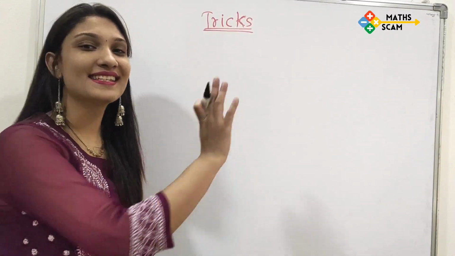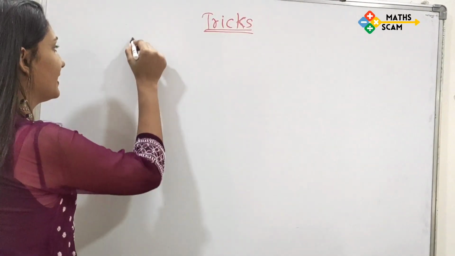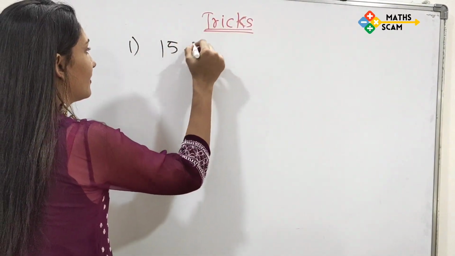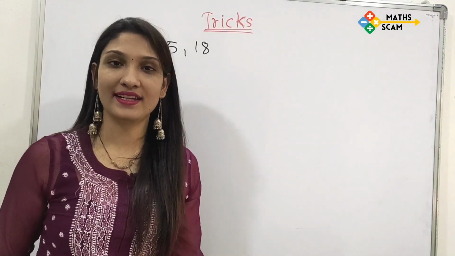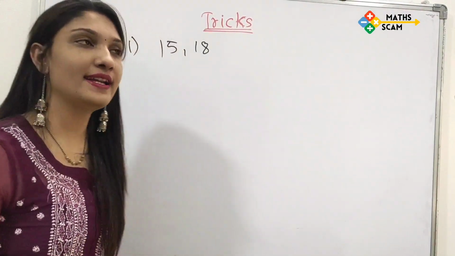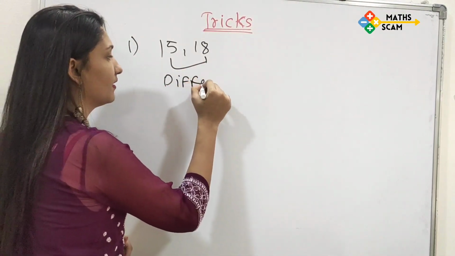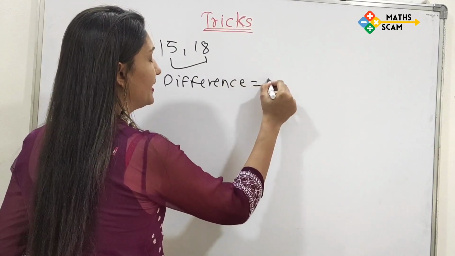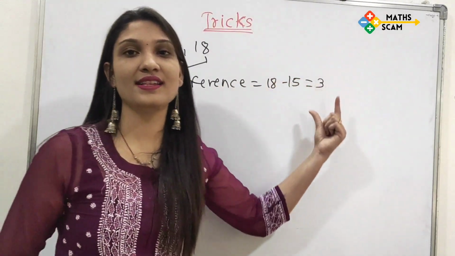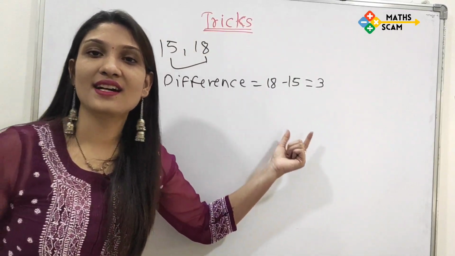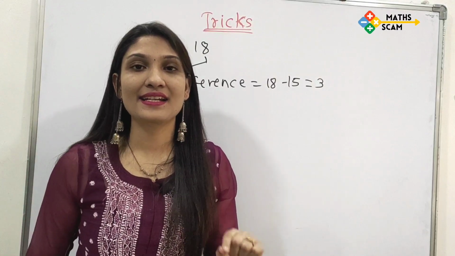Now we'll see some tricks to find the HCF in a faster way. The first trick is, if you need to find the HCF of 15 and 18, find the difference of these numbers. So the difference is 18 minus 15, which is 3. Check whether the difference can divide both the numbers exactly.